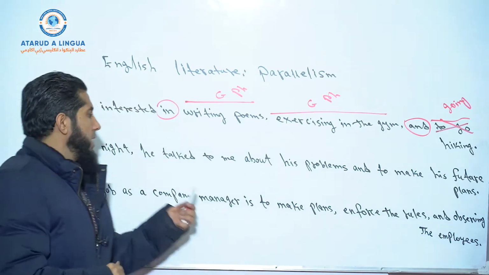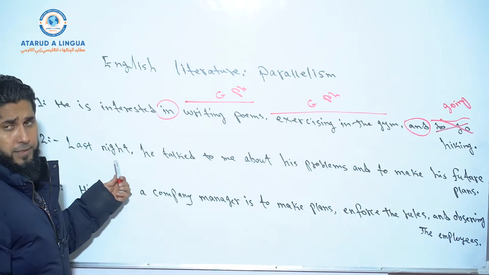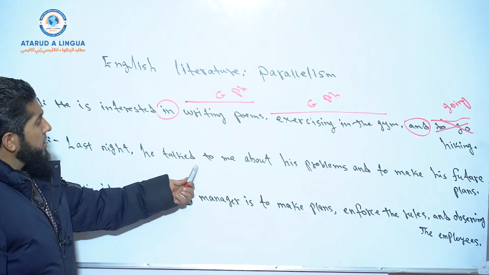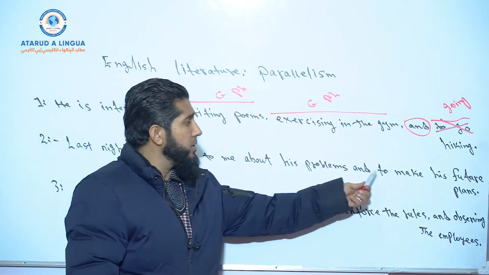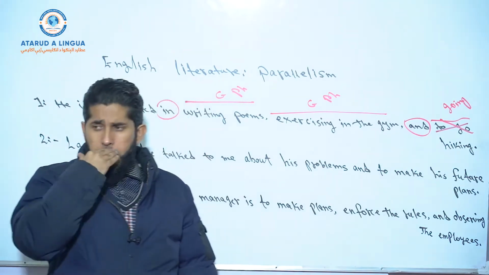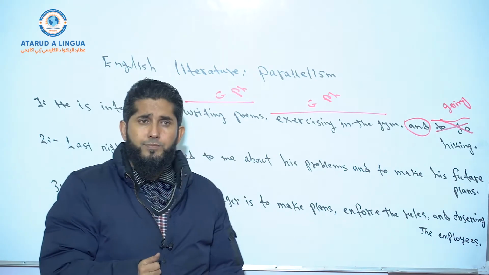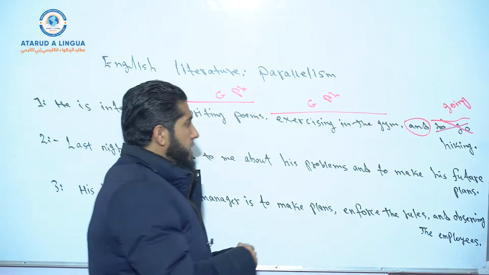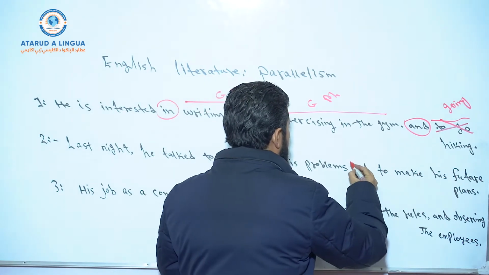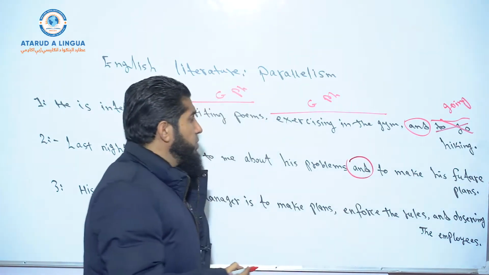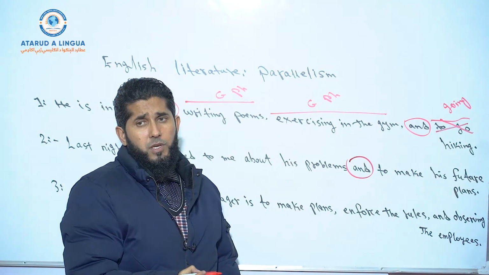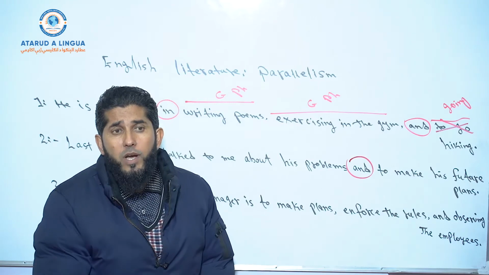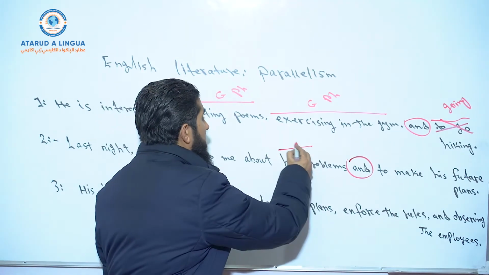And now look at the second example. Last night, he talked to me about his problems and to make his future plans. Again, there's something wrong. So we have a conjunction "and" over here. So what comes before the conjunction, his problems? It's a noun phrase.